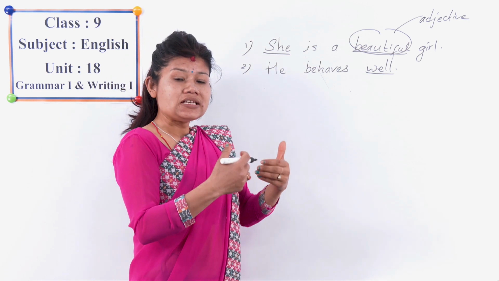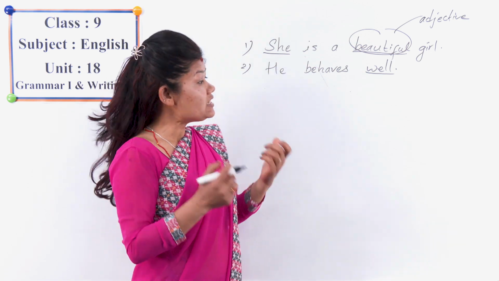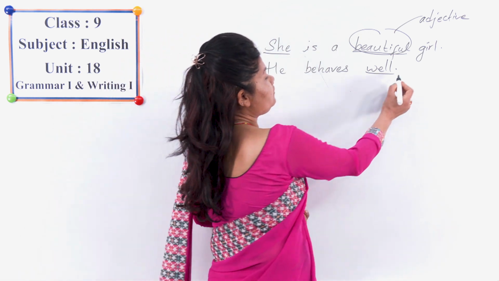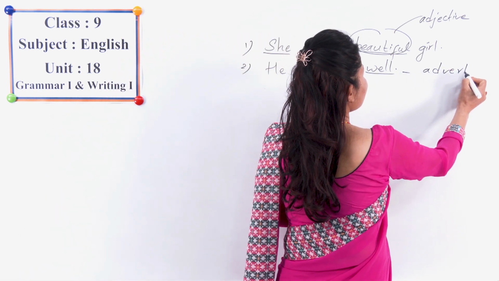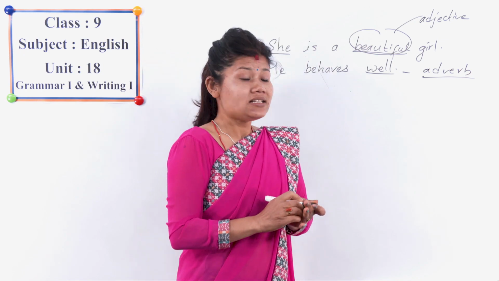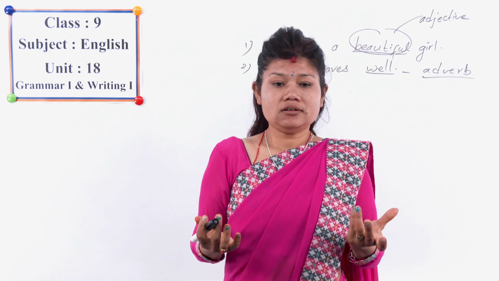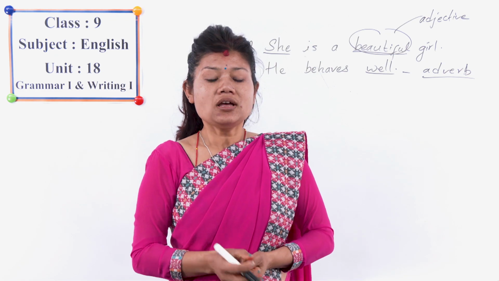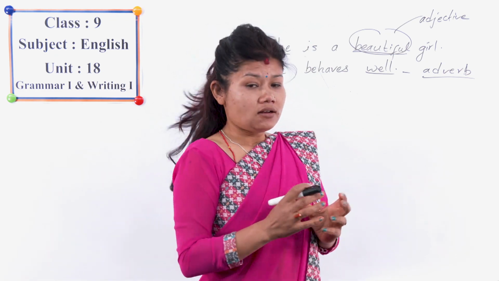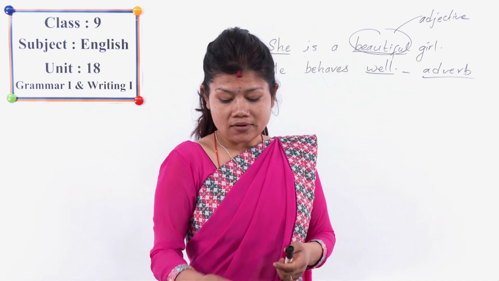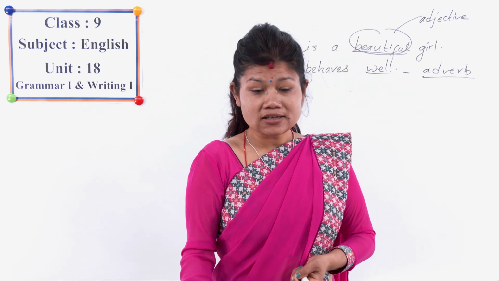How is his manner? It is described by this word well. So it is an adverb. About adjectives and adverbs you might have discussed previously also, but here again you have to utilize the knowledge of adjective and adverb.